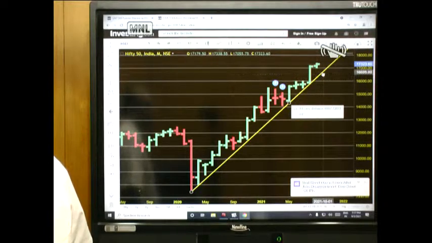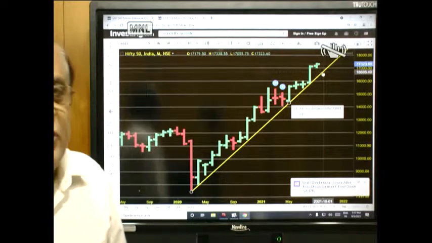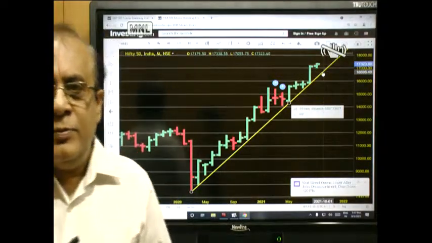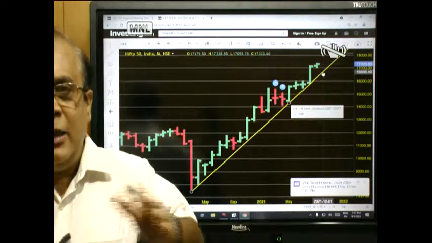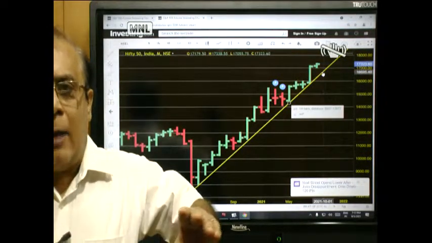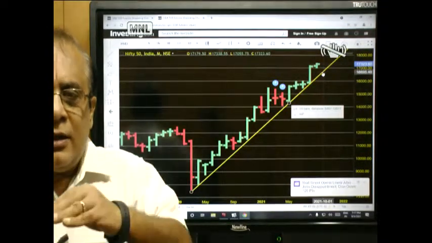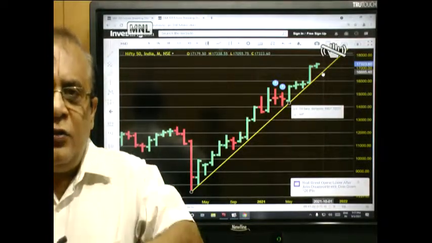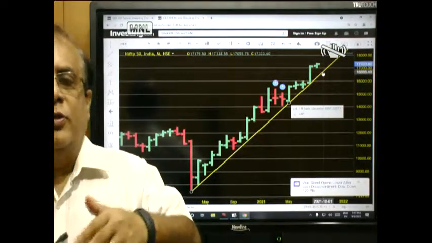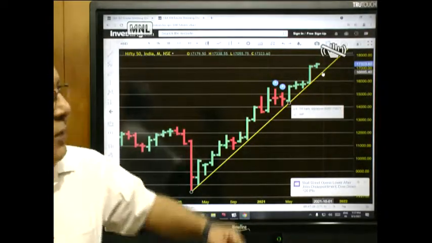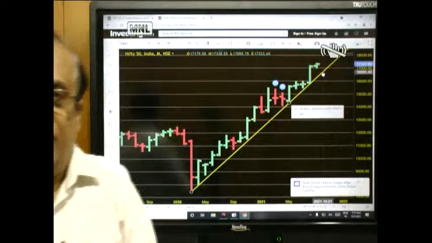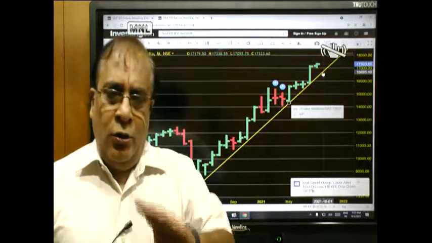That comes to 16,695 or so, which means approximately 460, 470 points month on month the trend line is rising. So if this month it does not fall to 16,250, 300, next month if there is a fall, it will take support closer to 16,695 or 16,700. You can keep that in mind.